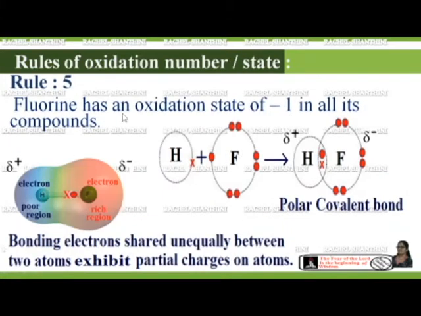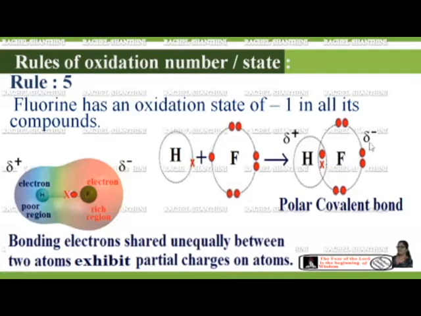Rule 5. Fluorine has an oxidation state of -1 in all its compounds. As we have seen in hydrogen chloride, the bond in hydrogen fluoride is also a polar covalent bond. Since fluorine is a highly electronegative element, the bonding electrons shared between these two atoms are unequally shared and exhibit partial charges on the atoms.